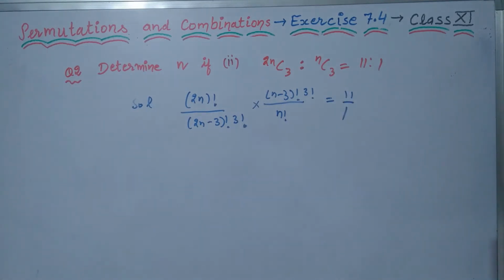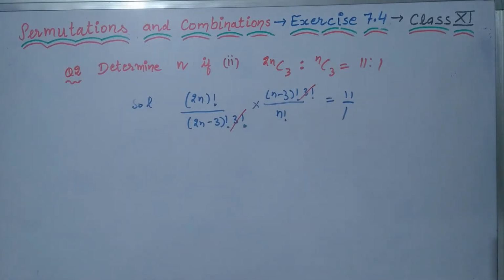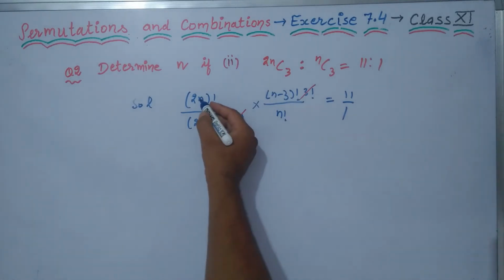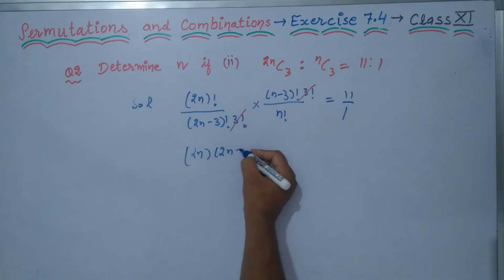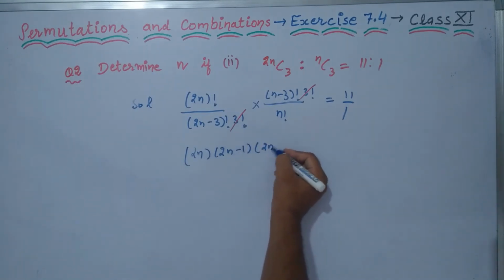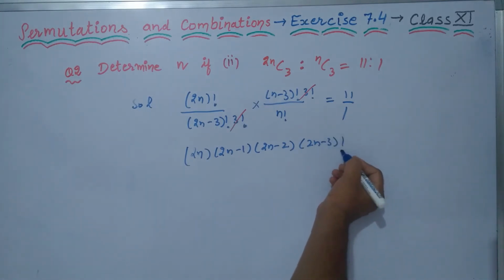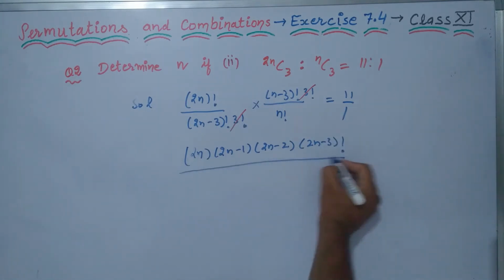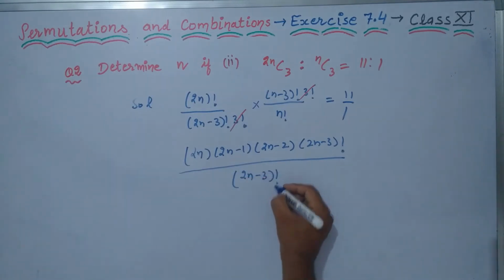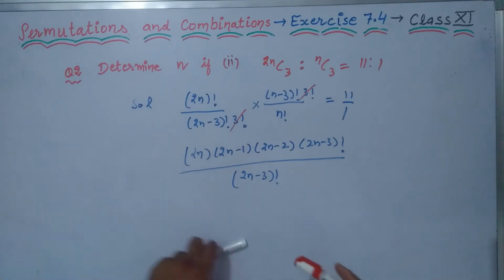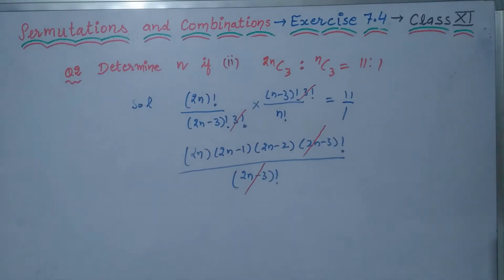So from here, 3 factorial cancelled. Next we have 2n, 2n minus 1, 2n minus 2, (2n minus 3) factorial. In the denominator this is already (2n minus 3) factorial, that's why we reached here. In order to cancel this now, cancelled.